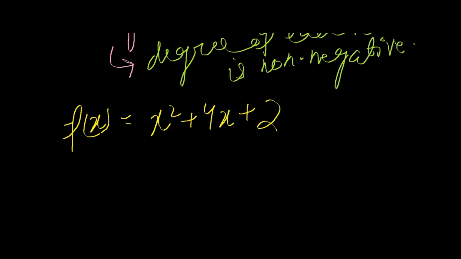You can see the degree of each term is non-negative. I can also write x power 0 here, because x power 0 is equal to 1. There is no term with negative power. So an algebraic function in which the degree of each term is non-negative, it can be 0, it can be positive, but it cannot be negative, is called a polynomial function.